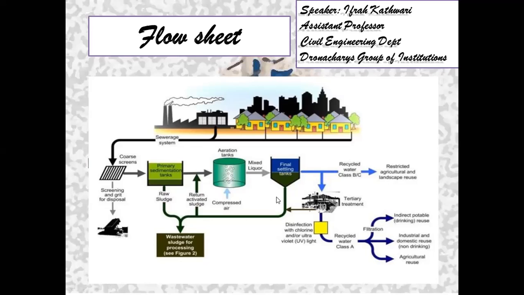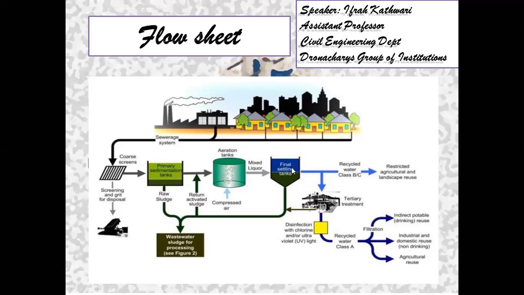After this, the water is moved on to the final settling tank, wherein again the settleable colloidal particles settle down at the bottom of the tank, and the sludge is moved on to the treatment part, wherein it is treated and used.